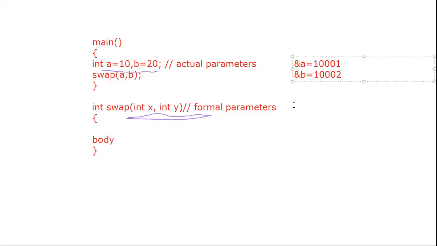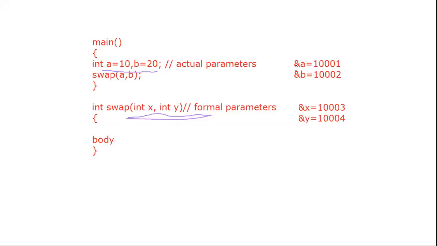When you pass both variables a and b to x and y, suppose this is the address for x, and this is the address for y. Whatever operation you perform happens on the formal parameters. It does not affect a and b. This is the basic difference between actual parameter and formal parameter.